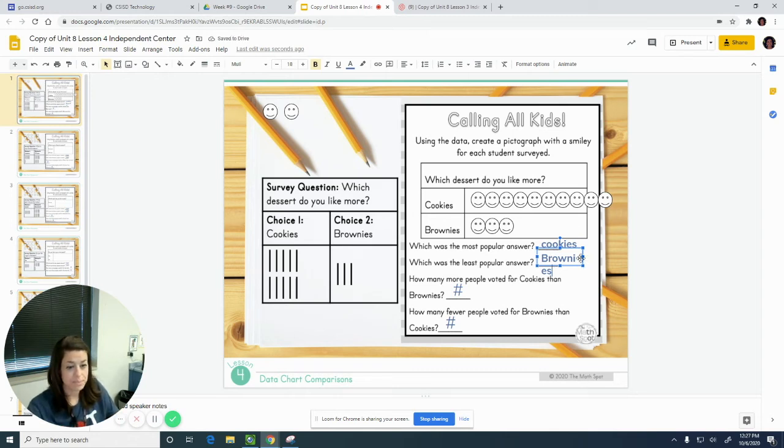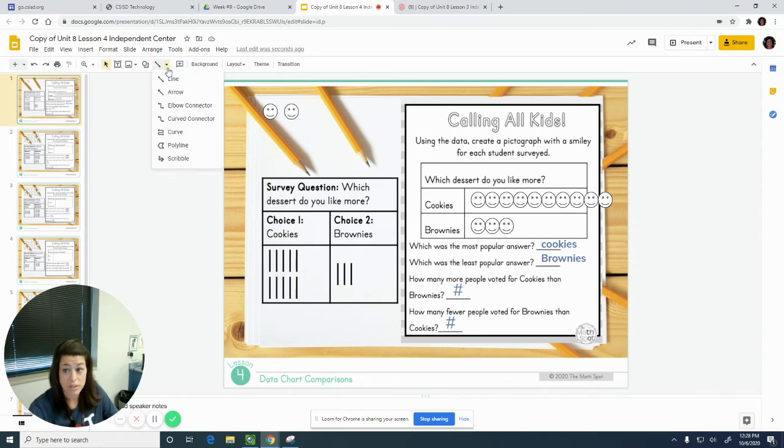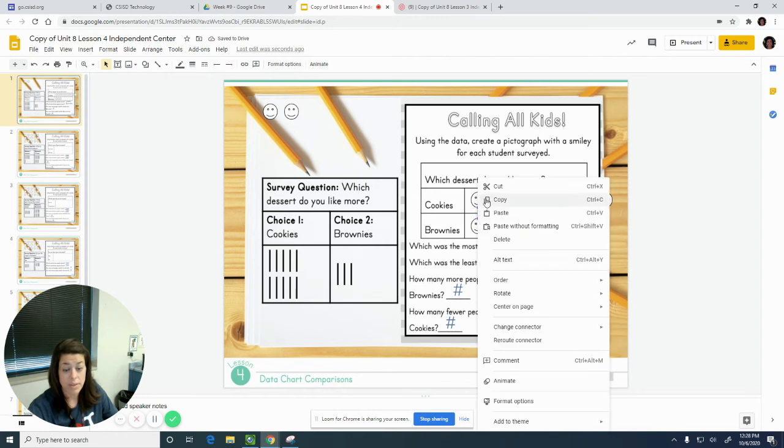Then it says, how many more people voted for cookies than brownies? So we know that cookies had the most votes, but what we're trying to figure out is by how many. Now remember, we are going to line up our lines. So here we have 1 to 1, then we have another one.